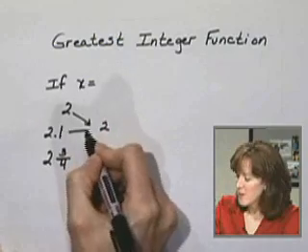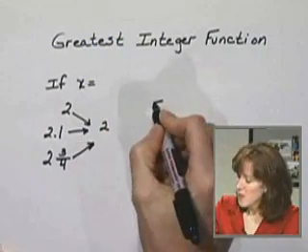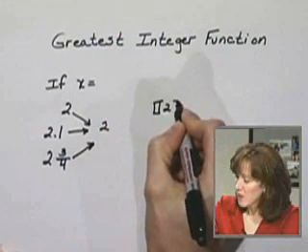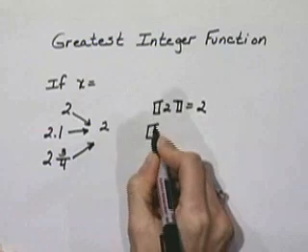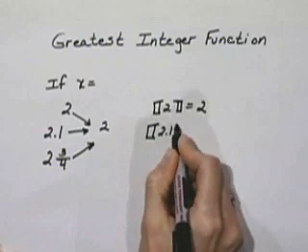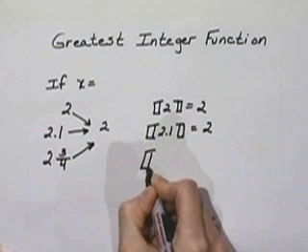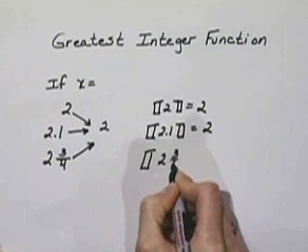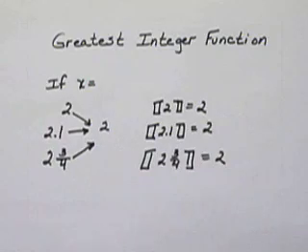So all of these x values have the same y value. So we would say the greatest integer value of 2 is 2. The greatest integer value of 2.1 is 2. And the greatest integer value of 2 3/4 is also 2. All right, you get the idea.